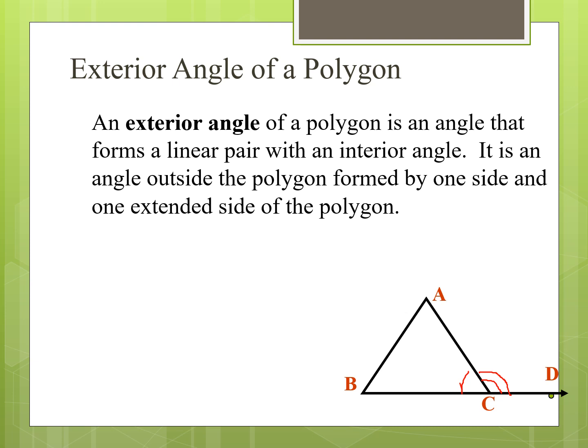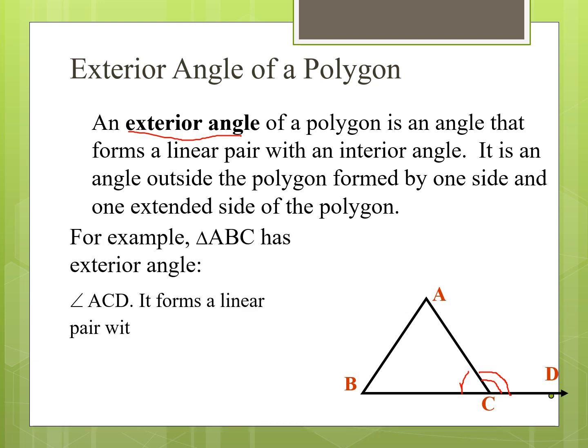So they are now a linear pair, and the exterior angle can be formed: angle ACD. The angle ACD is what we call our exterior angle of the said polygon. For example, triangle ABC has exterior angle ACD.